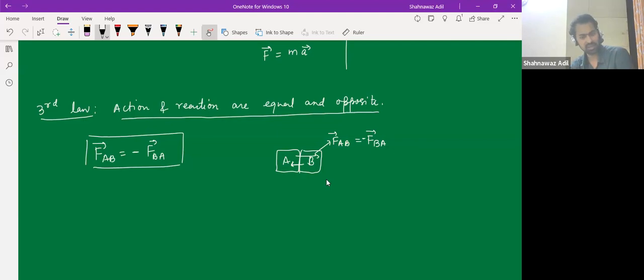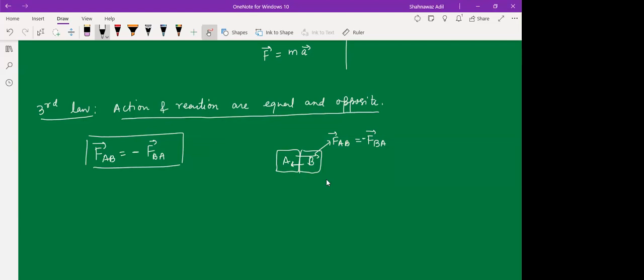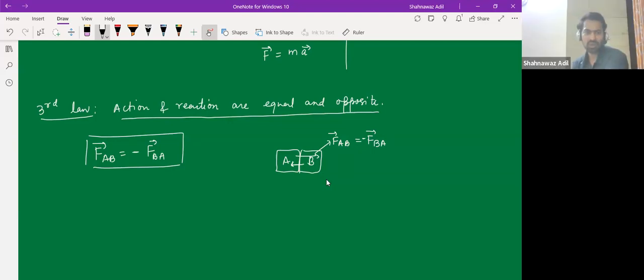Any doubt in this, guys? We will see what the use of Newton's third law is when we study collision, where this law gives the conservation of momentum. When we talk about conservation of momentum, we'll talk about this again.